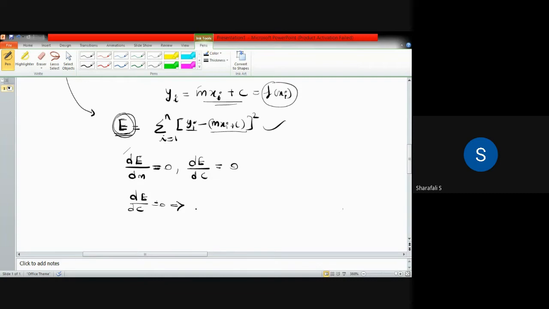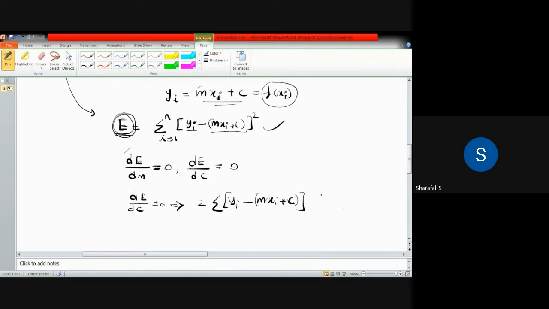Then we can have the value like 2 times sigma yi minus mxi plus c. We have to give c, right? Then multiplied with, we have to see, that is 1.